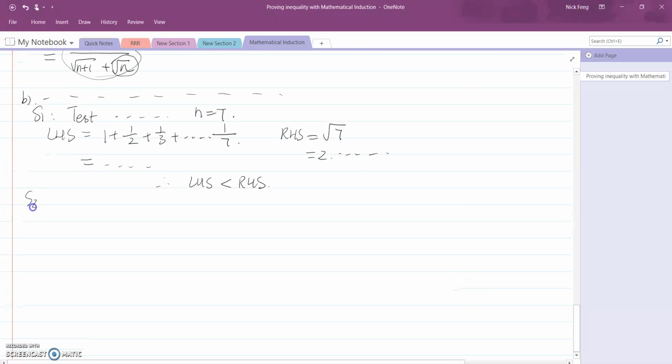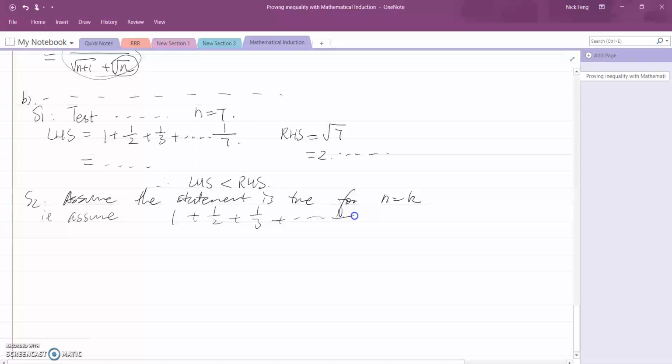So step 2, assume the statement is true for n equals k, i.e. assume 1 plus 1 on 2 plus 1 on 3 plus dot dot dot until 1 on k is less than root k. Oh, k has to be greater than or equal to 7.